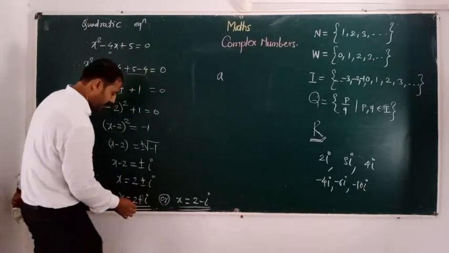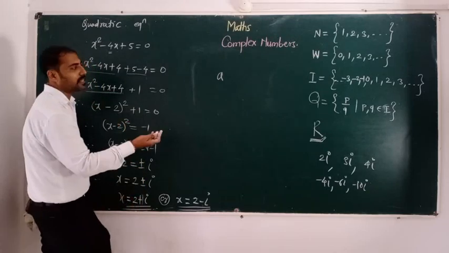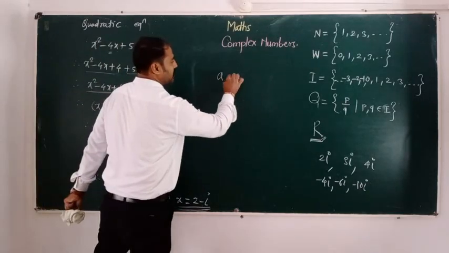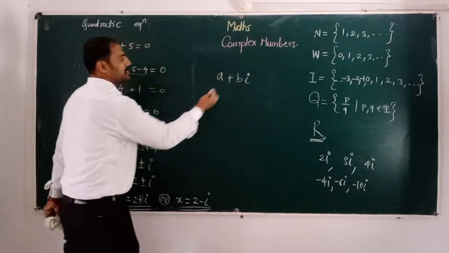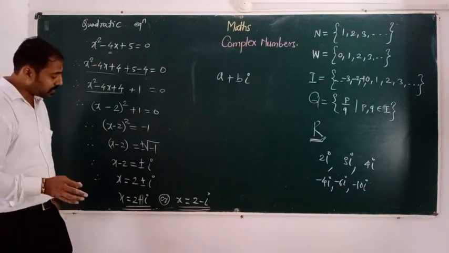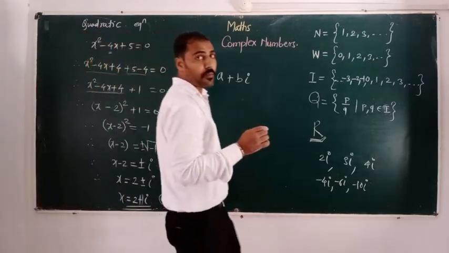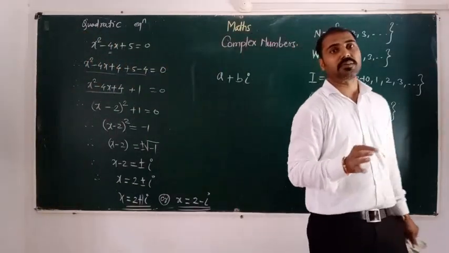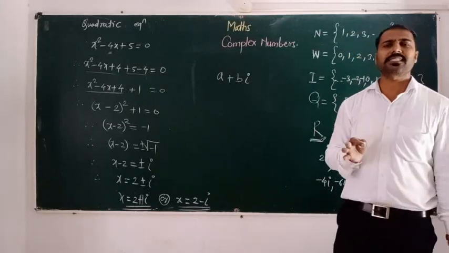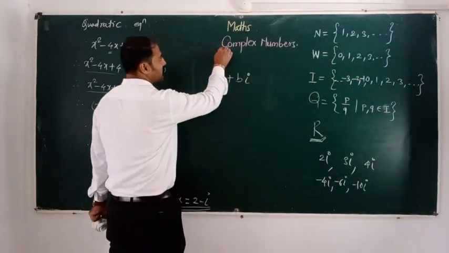Instead of 1 I write another constant, b. So the number is in the form of a plus bi, where i is equal to root of minus 1. Such types of numbers are called complex numbers.